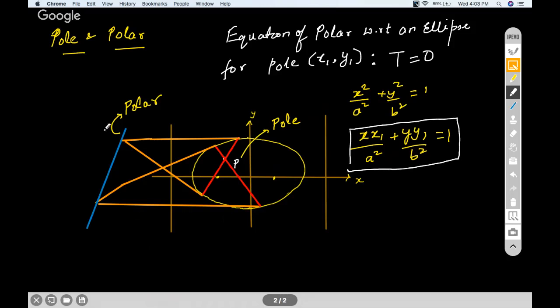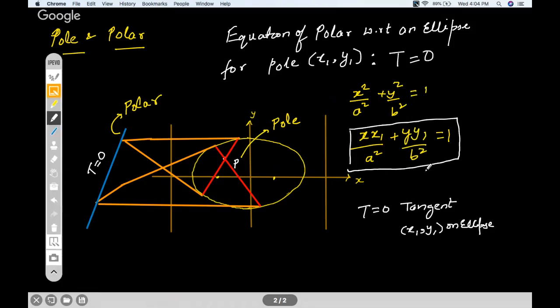As I told you earlier, T equal to 0 can behave as many things. It behaves as a tangent when x1, y1 is on the ellipse. It's not that it is not polar in this case; it can also be called a polar. Tangent is the polar of the point of contact.